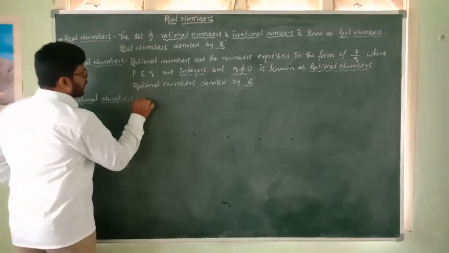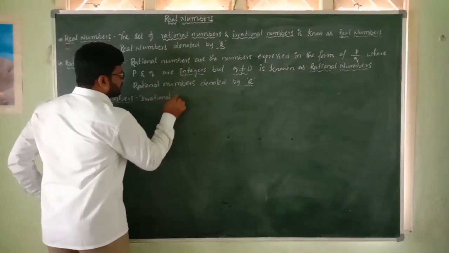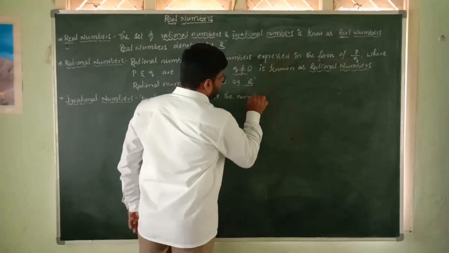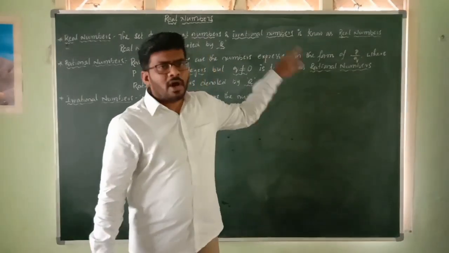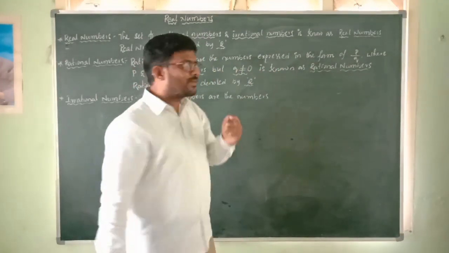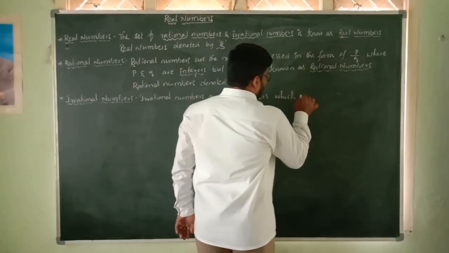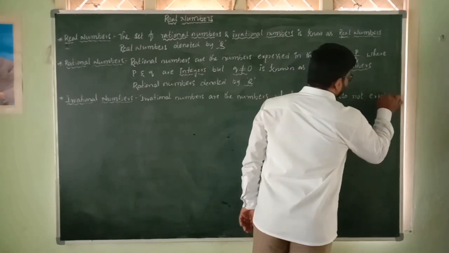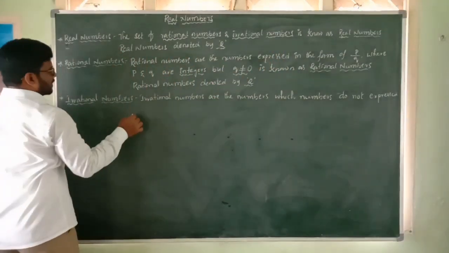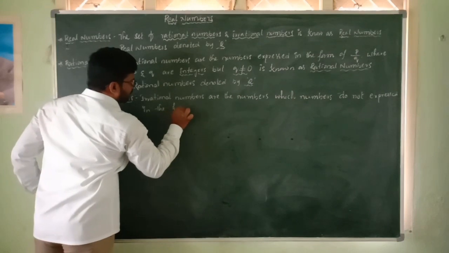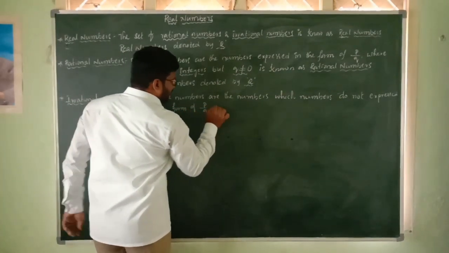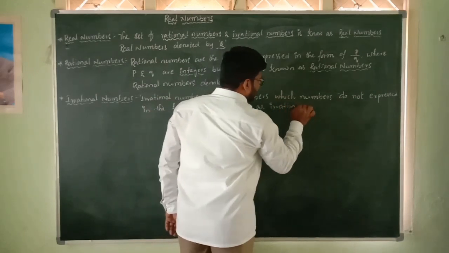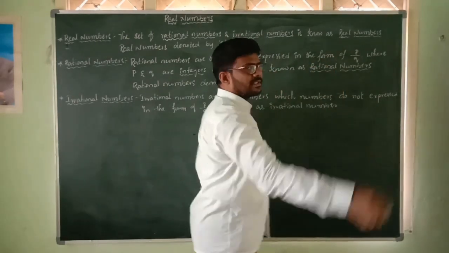Irrational numbers are the numbers which cannot be expressed in the form of P divided by Q. They are known as irrational numbers.